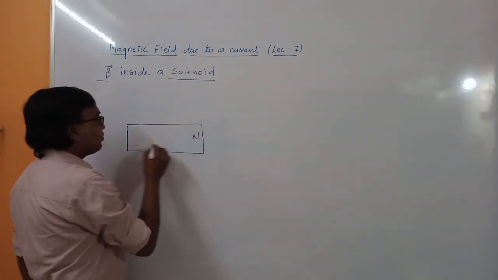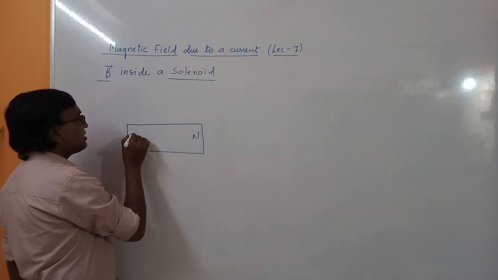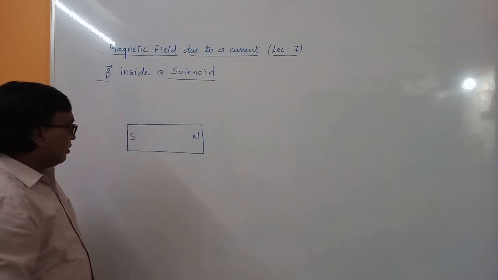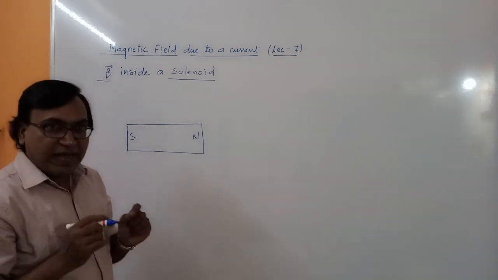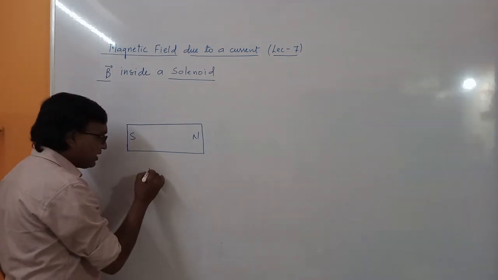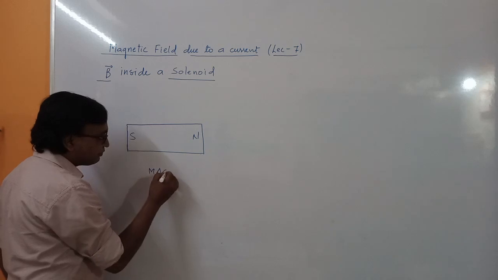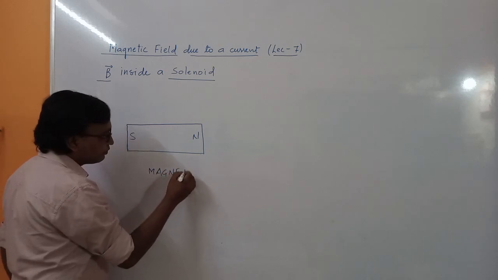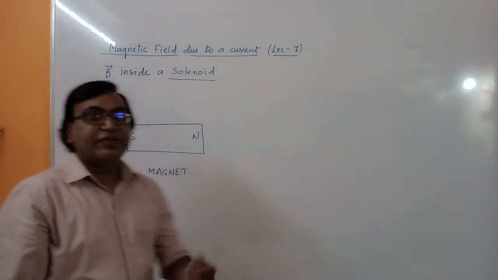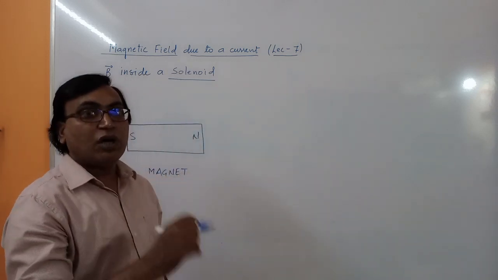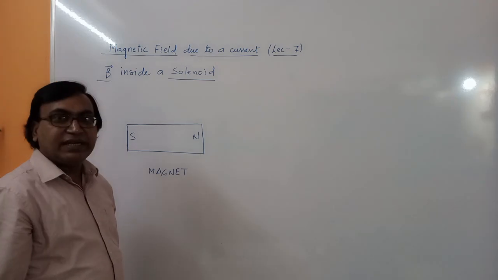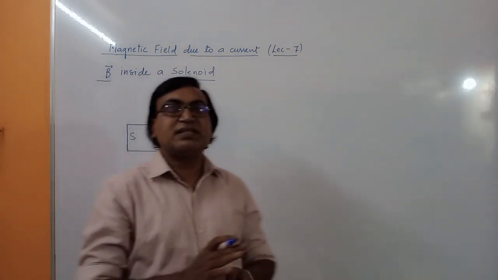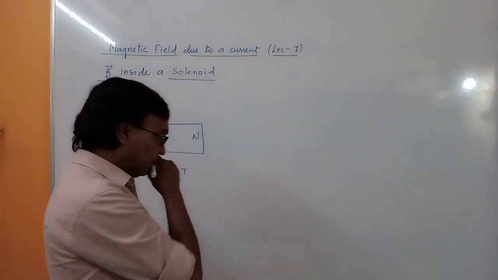So this is the north pole and this is the south pole. So magnetic field lines for a magnet will be from north to south outside the magnet and south to north inside the magnet, and magnetic field lines are concentric loops.